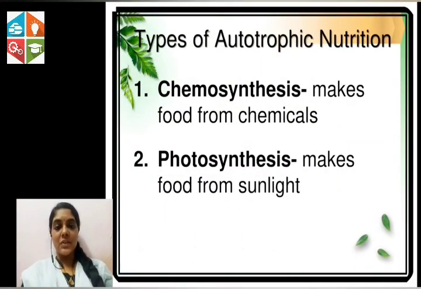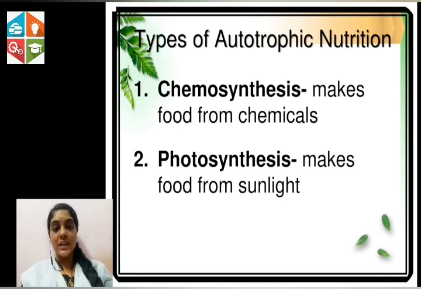Autotrophic nutrition is mainly seen in the case of plants, and it is going to be of two types. One is chemosynthesis and the other one is photosynthesis. Chemosynthesis: chemo means chemicals and synthesis means to produce or to form something. So the food here is formed from the chemicals, or it is synthesized from the chemicals.